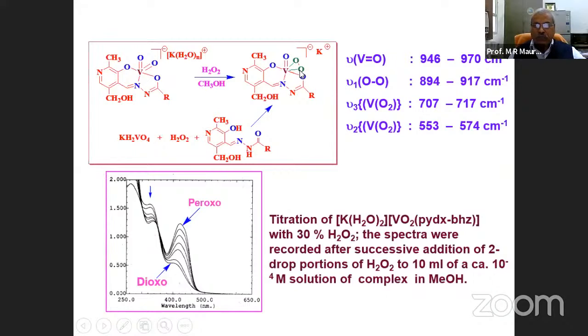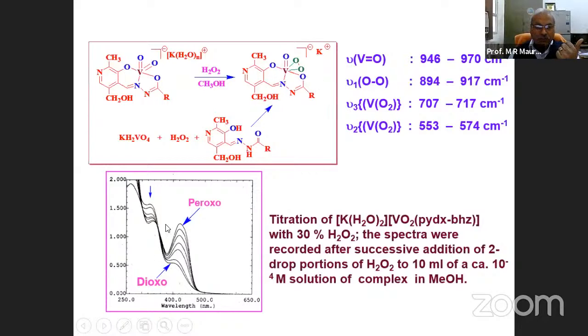Yes, we can go to, and we even prepared in the simple water system the same peroxide compound by taking, say, potassium vanadate prepared from vanadium pentoxide. Then you add H2O2 to generate the peroxide species in situ, which reacts with the potassium salt of the compound and can go to peroxo compound formation.